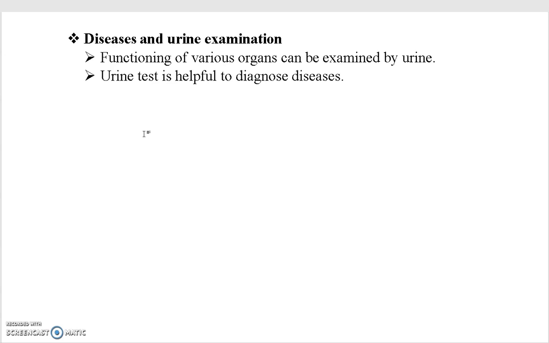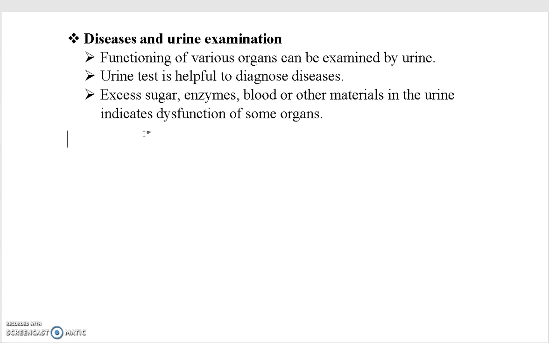Now, what are they exactly looking for in a urine test? They may try to look for excess sugar, enzymes, blood, or other materials in the urine that can indicate dysfunction of some organs.